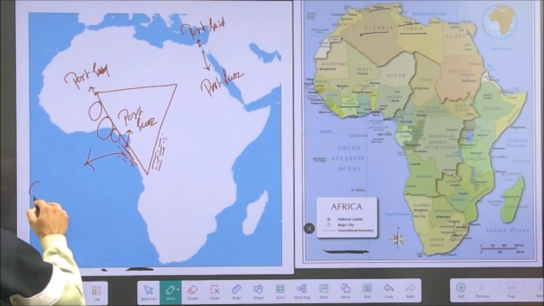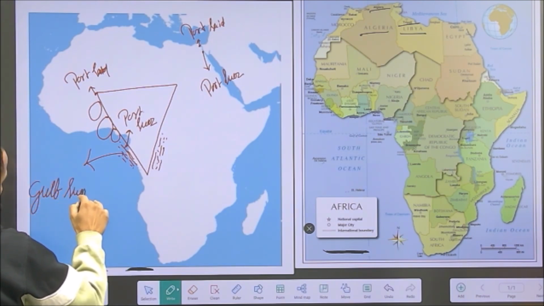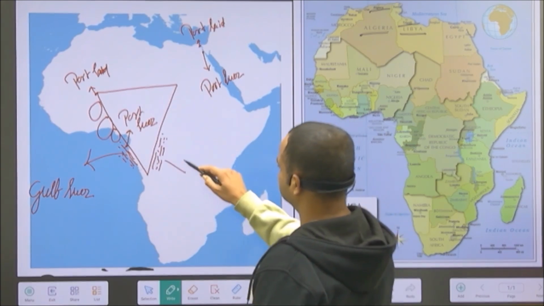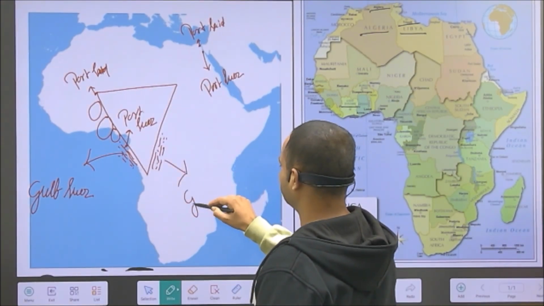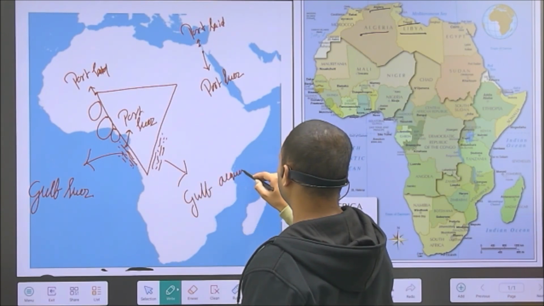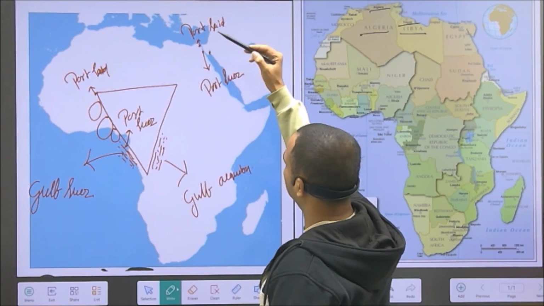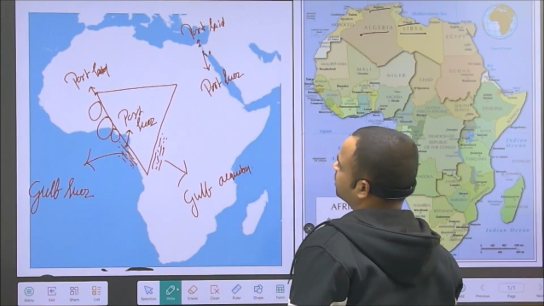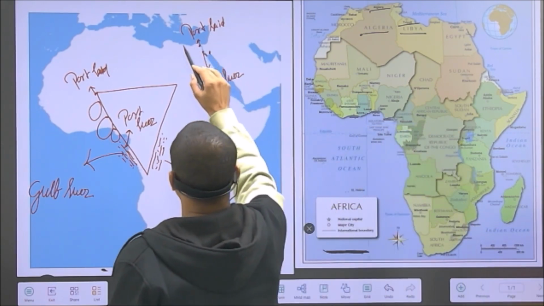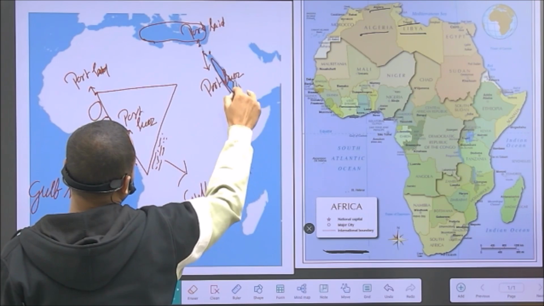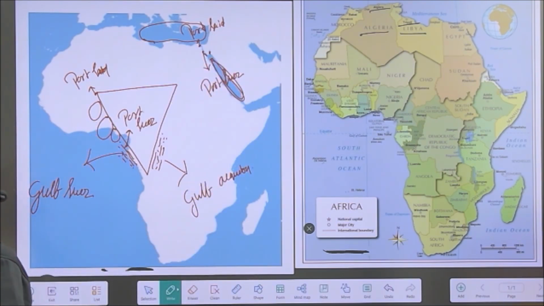This gulf is called as Gulf of Suez. I have discussed about Gulf in North America. This gulf is called as Gulf of Aqaba. This side gulf is called as Gulf of Aqaba. This side of gulf is called as Gulf of Suez. This is Mediterranean Sea and this is Red Sea. So you can say Suez Canal separates African continent from West Asia and joins Mediterranean Sea to Red Sea.